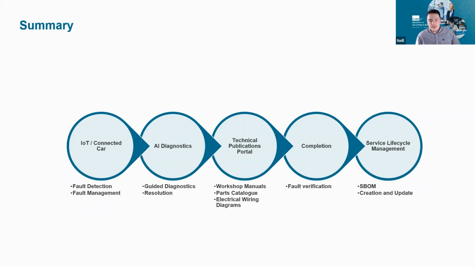We estimate that this integrated approach saves between 40 and 60% of authoring time, because normally engineering might make a change and it could be weeks before the publications team are notified, and in that time publications don't match the parts being sent out to your dealerships or service locations.